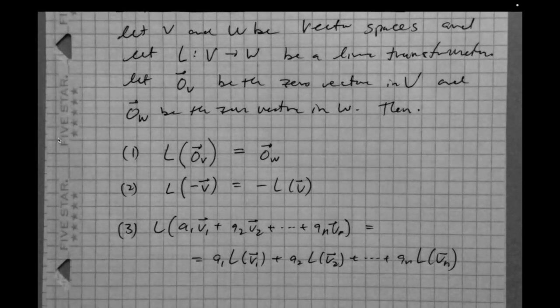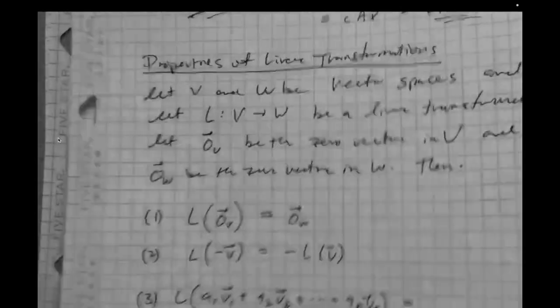Okay, which is not unexpected, right? The definition of a linear transformation says that the linear transformation preserves scalar multiplication and vector addition, and so this is not surprising. Let's prove these three. Let's prove these quickly.